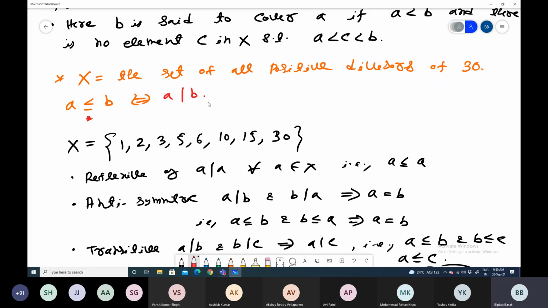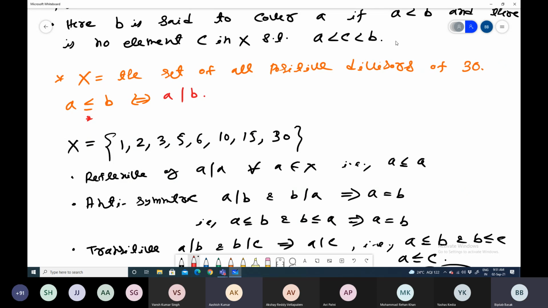So since 2 divides 6, therefore we will say that 2 is less than or equal to 6. And this is our set. It means that the other way around is not true. Only A divides B is true, so we can say A is less than B. Since B does not divide A, then we can say A is less than or equal to B. If B divides A, yes, then if both ways are true, they will be equal.